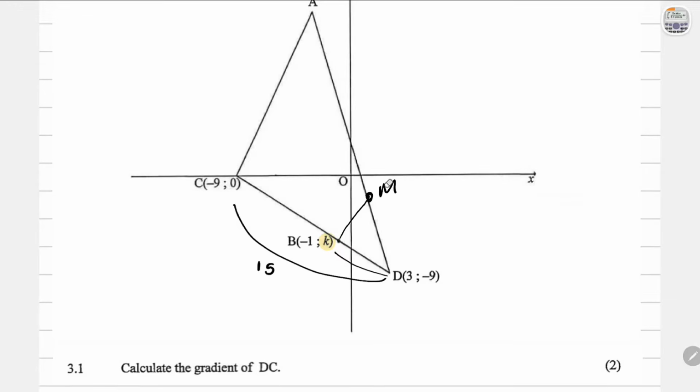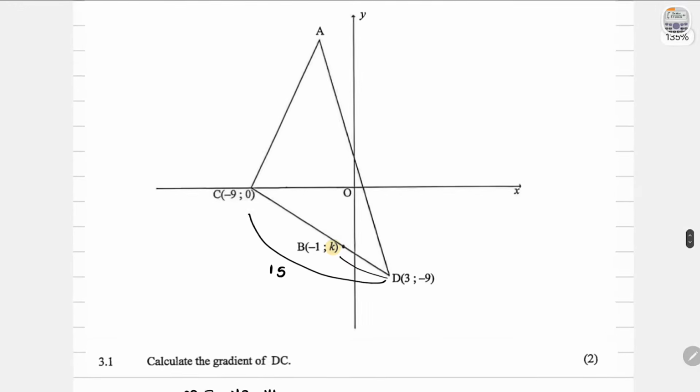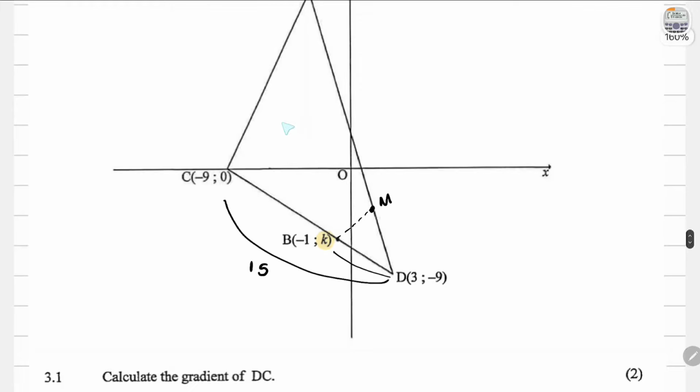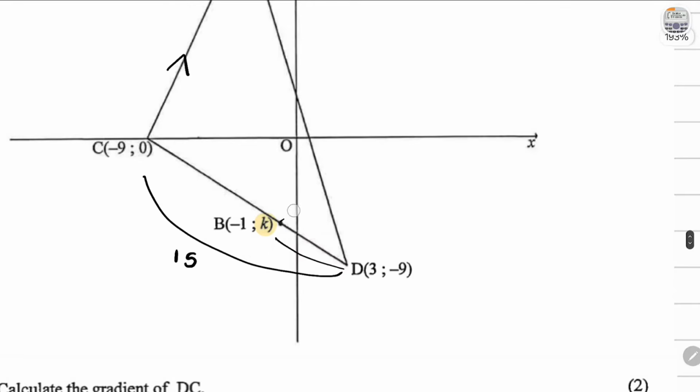So that's M over there. We put down M here, and if you connect them, these two lines are parallel.